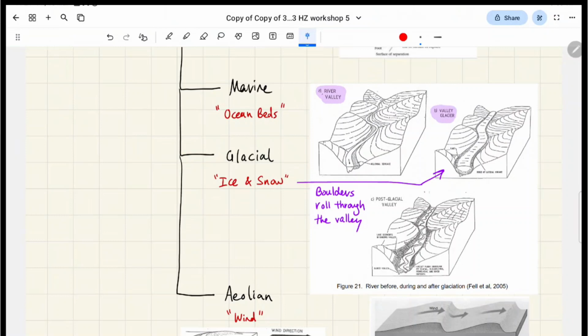Whereas one which is iconic for glacial soils is this U-shaped valley, essentially. Characteristic, that's the word I was looking for, sorry. It's called a glacial valley.